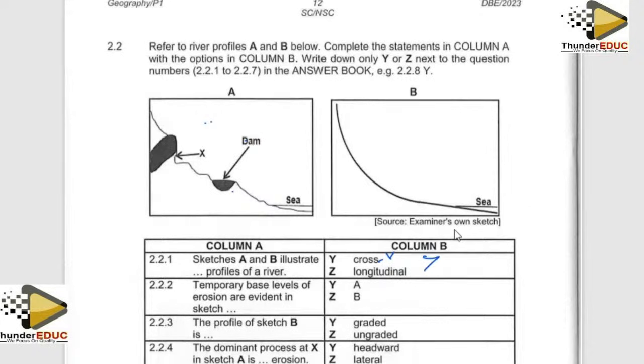So the temporary base levels of erosion is evident in which sketch? This is A. So A is Y. The profile of sketch B is which one? Graded or ungraded? Obviously, it's graded. There is a balance here between erosion and deposition. Y is answering that.